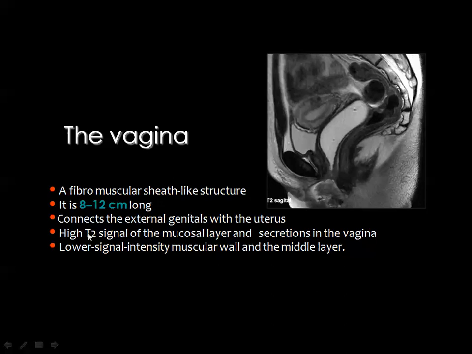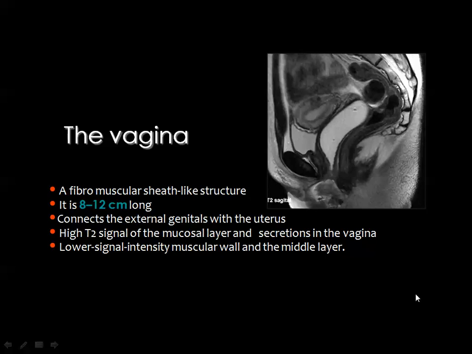tube, which is about 8 to 12 centimeters long, and it connects the uterus to the external environment, and it has a high T2 signal mucosal layer and a low signal intensity muscular wall.